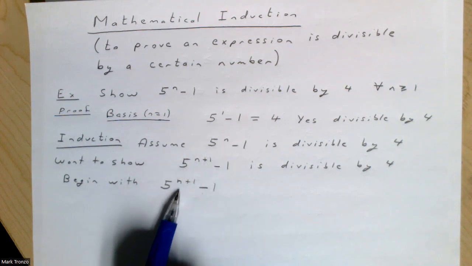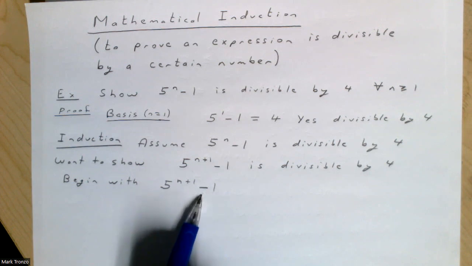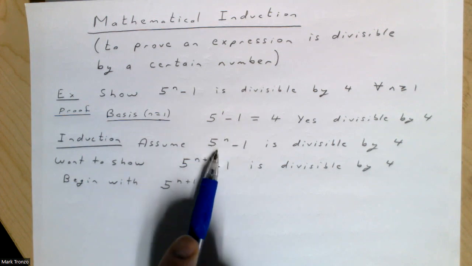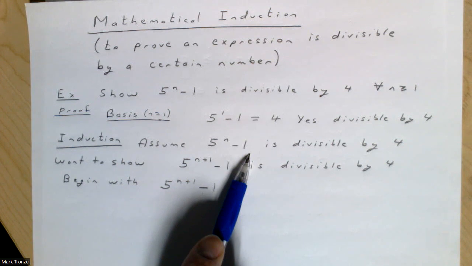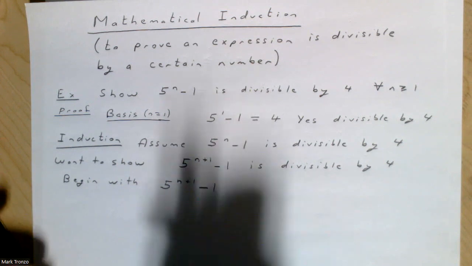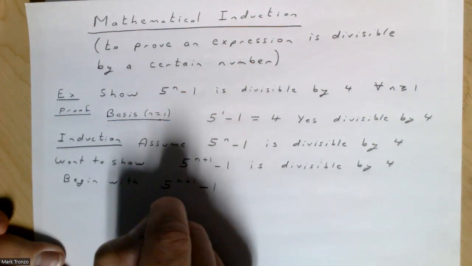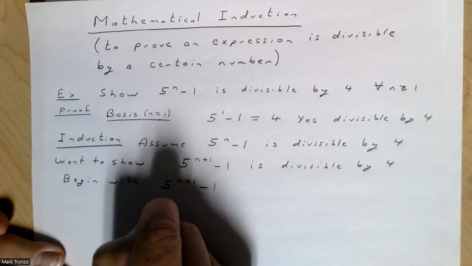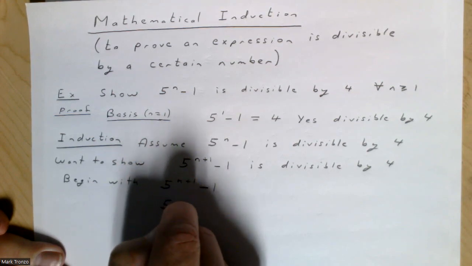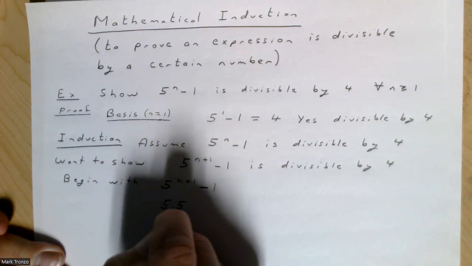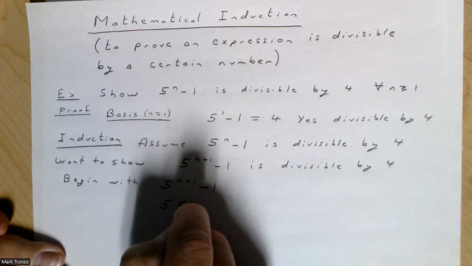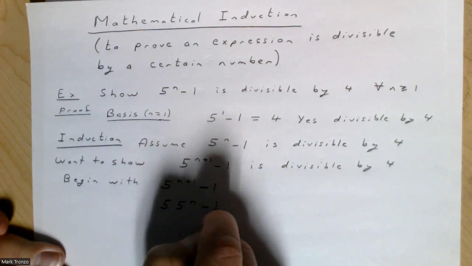For example, we would like to somehow factor this to get 5n minus 1. So let's see what we can do with this. We could pull a 5 out of here, so this would be like 5 times n minus 1.